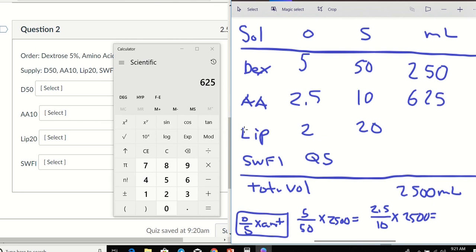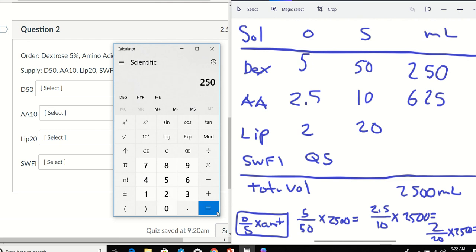All right, you guys tell me how many lipids. So you did 2 divided by 20 times 2,500.